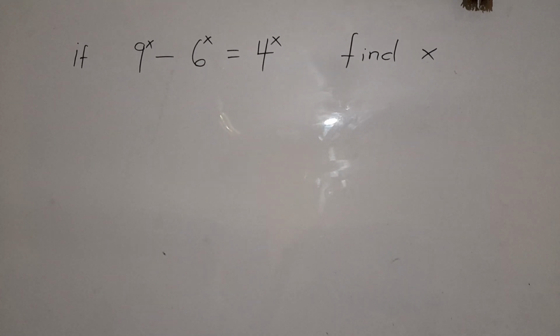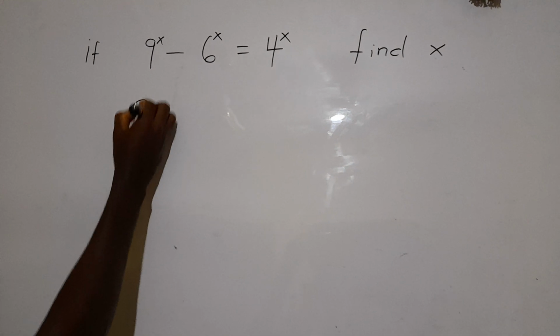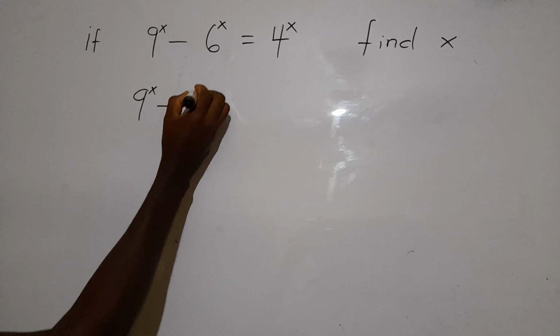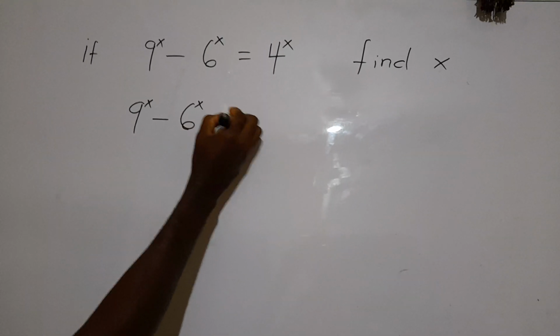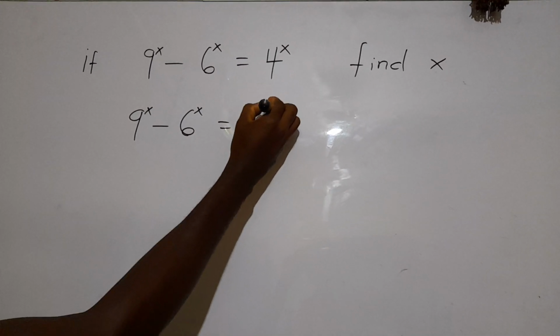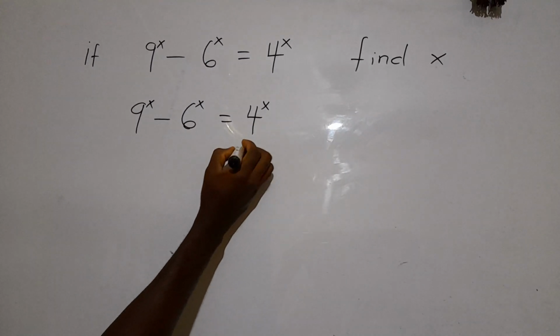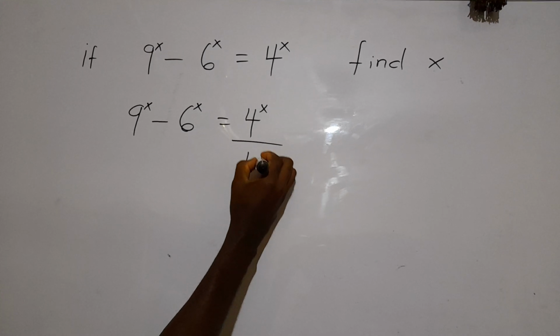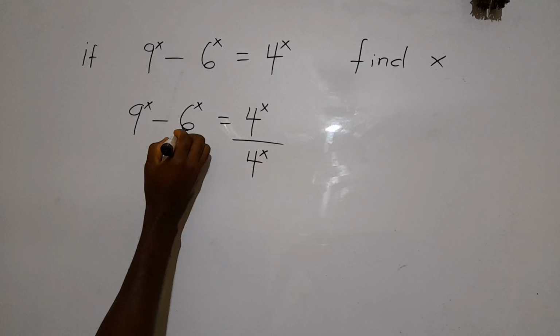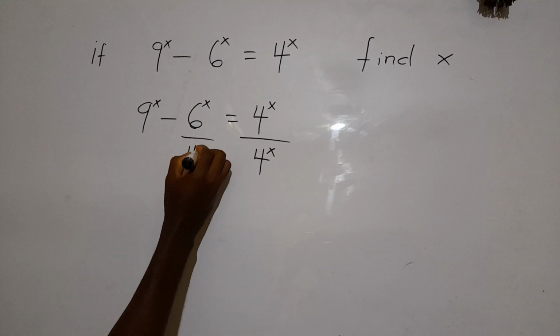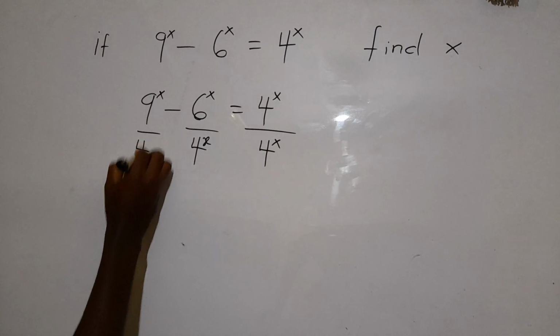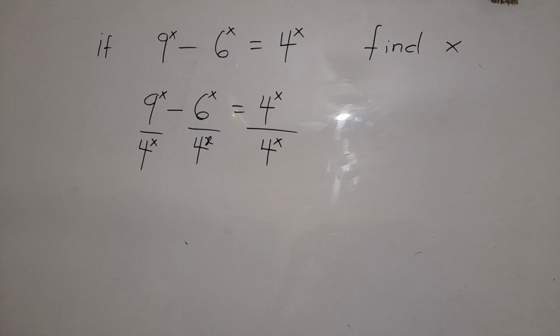So if we have 9 exponent x minus 6 exponent x is equal to 4 exponent x, I can just divide through by 4 exponent x. I hope you get that.